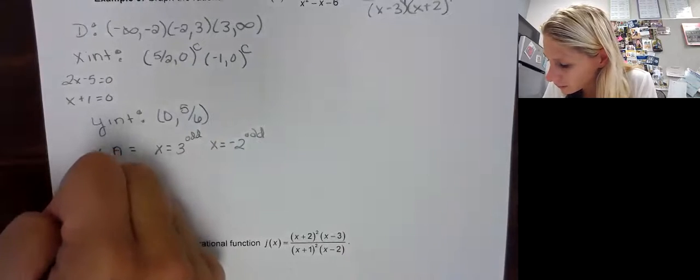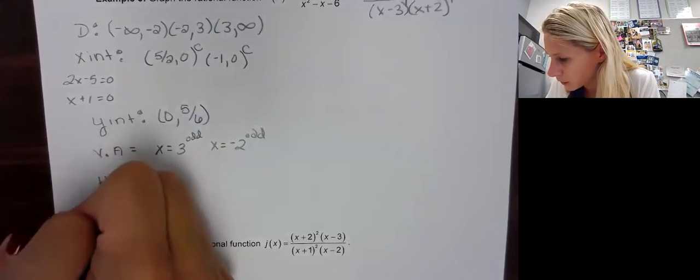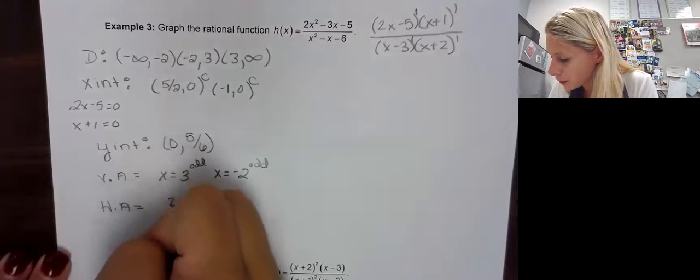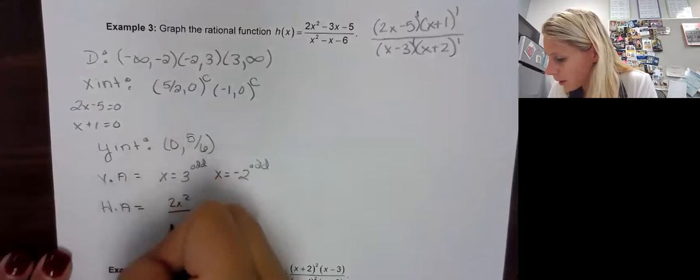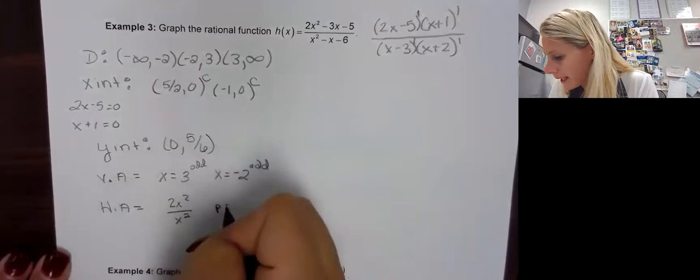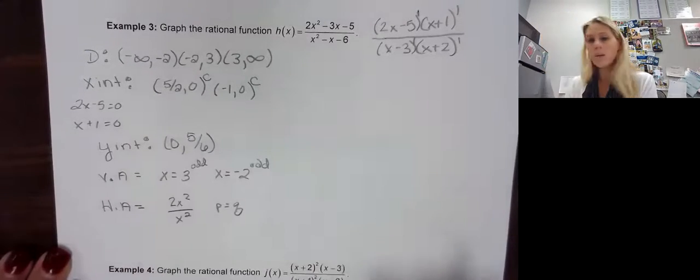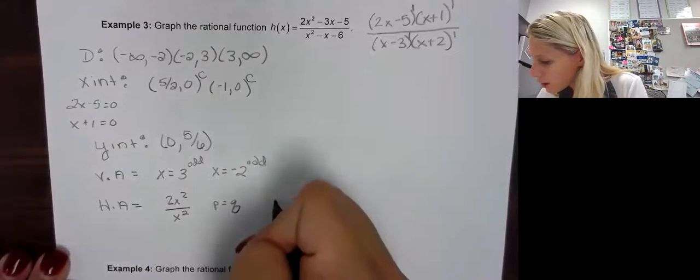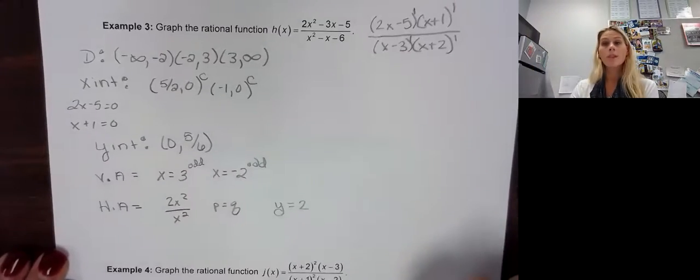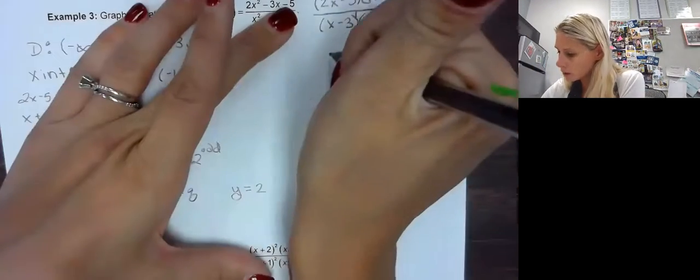Horizontal asymptote. Oh, we're changing it up a little bit, aren't we? If you see, the numerator is 2x squared and the bottom is x squared. So what happens again when p equals q? Well, we take the coefficient. So y equals 2. We have a horizontal asymptote at y equals 2.